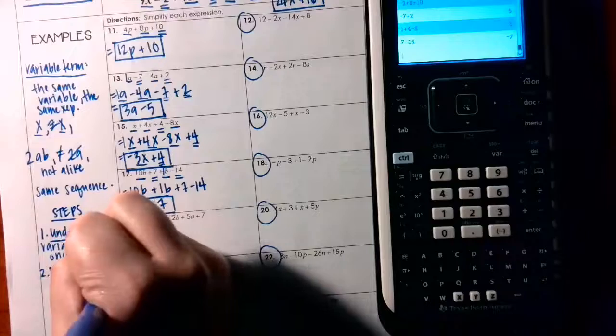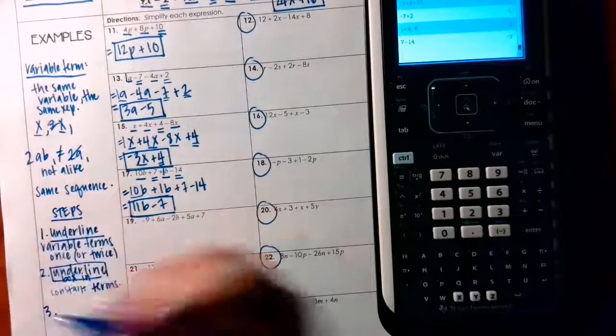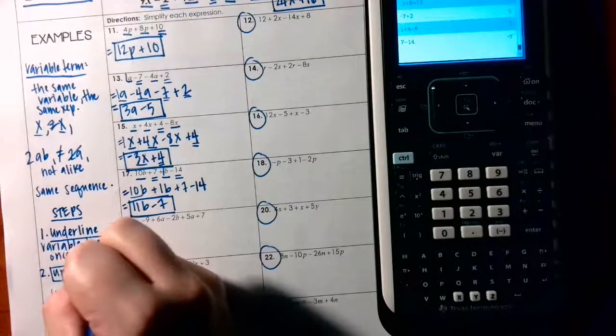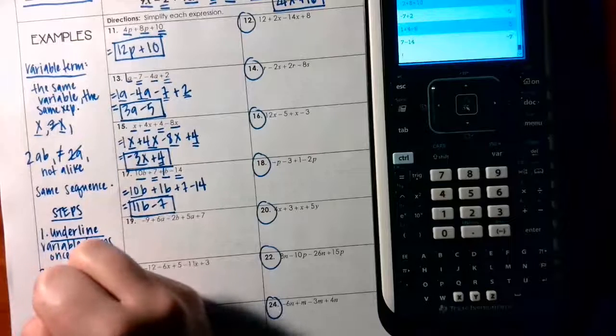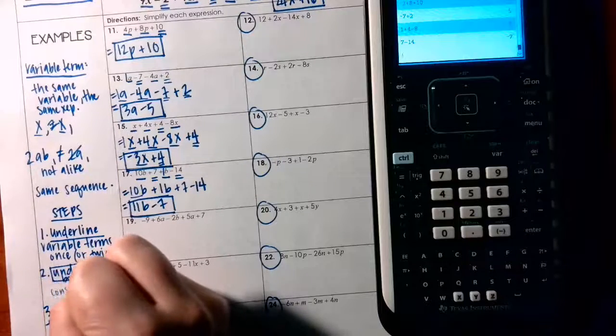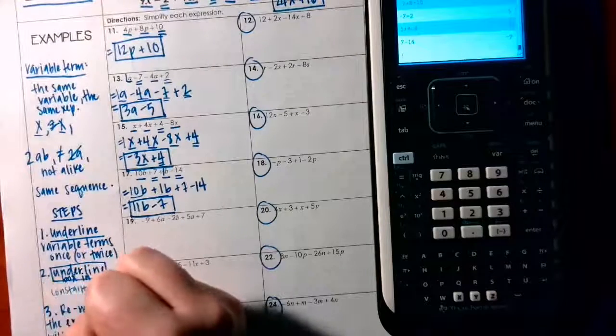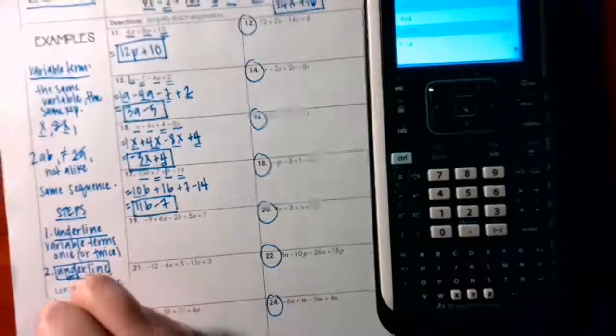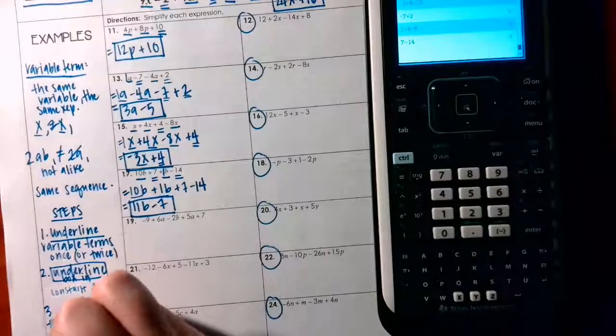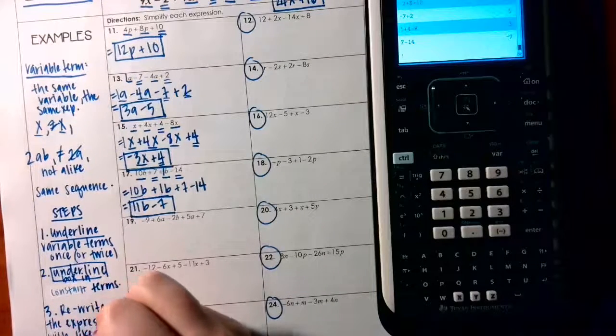Your third step is going to be to rewrite the expression with like terms together. You're going to have your variable terms first when you do that.